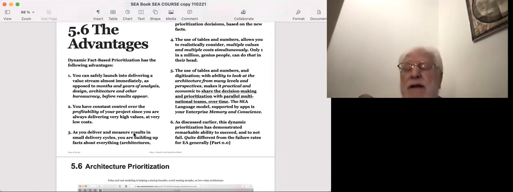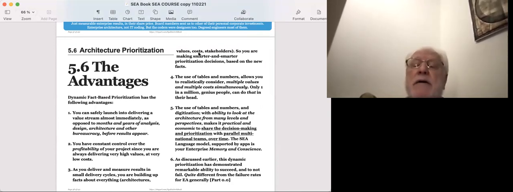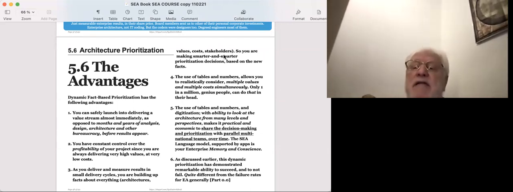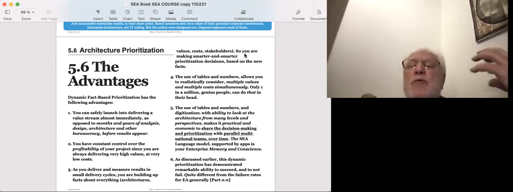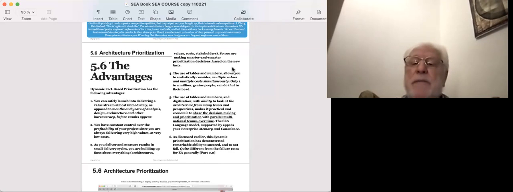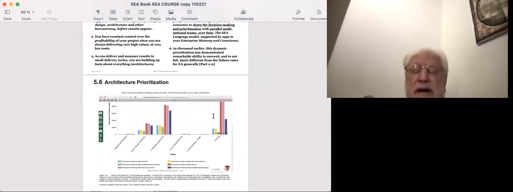You're learning how the architecture, which may be new and untried, maybe completely new products or methods, new stakeholders you've never dealt with before, new types of costs you have to worry about, such as the CPU cycles of an artificial intelligence system. So you're going to build up real knowledge, and you're going to make smarter and better prioritization decisions. Okay, and a whole lot of other stuff.